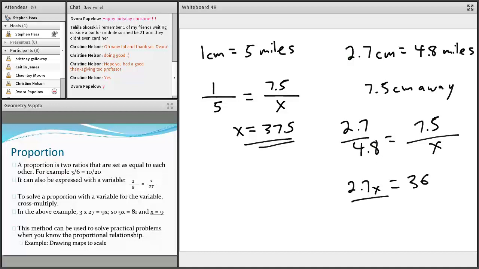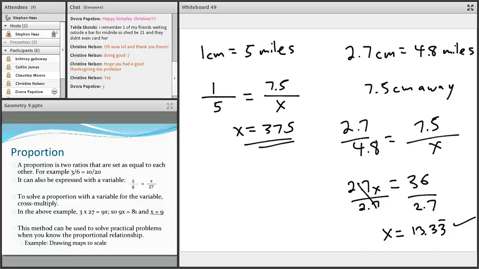So you would divide each side by 2.7 to isolate the x, and you would get 13 1/3. So based on that, you would be 13 1/3 miles away. That's generally speaking how to do a proportion.